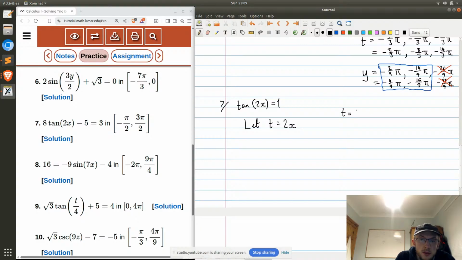Okay, so tan of t is equal to 1. So t would be pi over 4. What next? Okay, I suppose pi over 4 and negative.